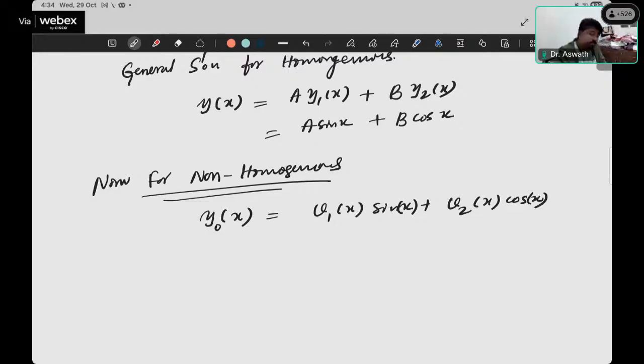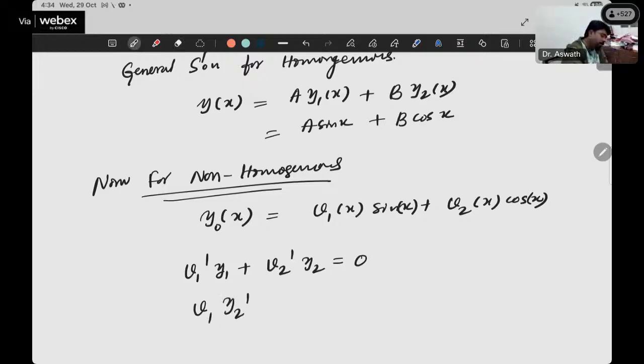Earlier, we have two equations for v1 and v2. What are those equations? Let me write them down. One is v1 prime y1 plus v2 prime y2 is equal to 0. The other is v1 prime y1 prime plus v2 prime y2 prime is equal to r of x.